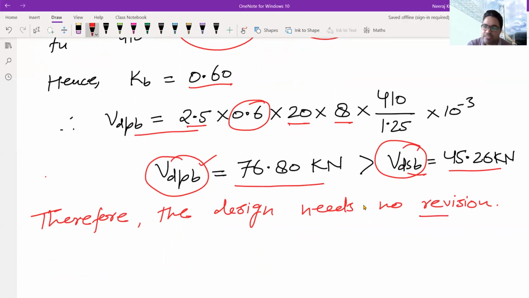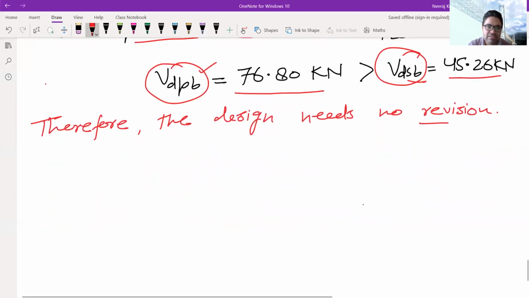So now we can see we have designed our joint. The number of bolts here is 6, and we have arranged them in 2 rows.